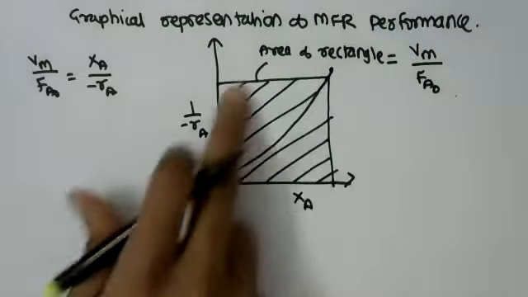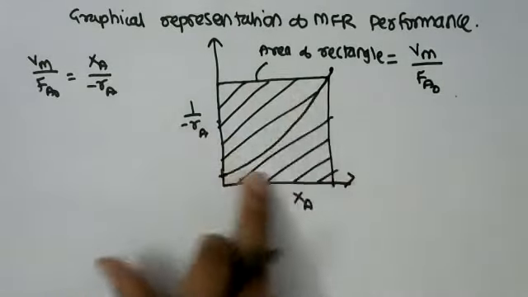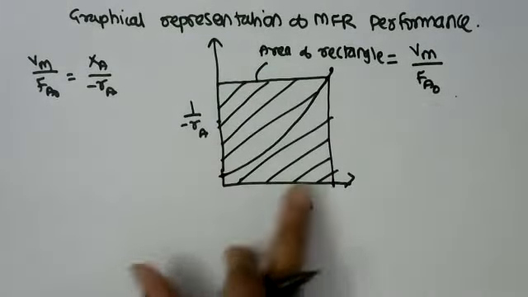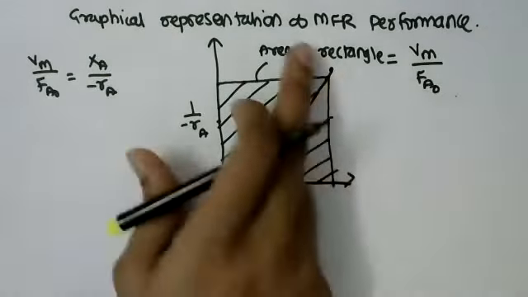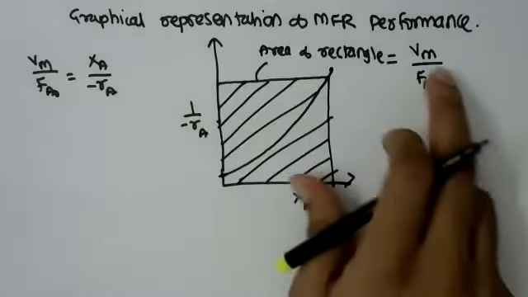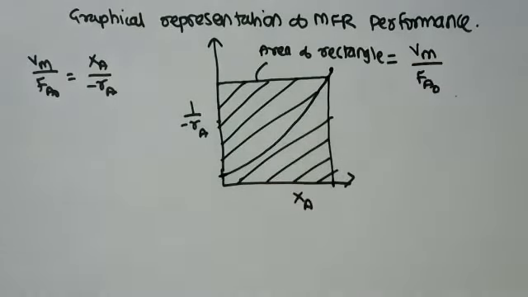And therefore, after determination of this area, if you multiply the area by Fa0, then you will be able to get Vm. Vm represents the volume of mixed flow reactor required for obtaining the conversion XA.